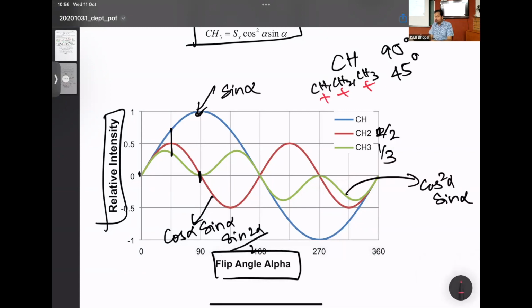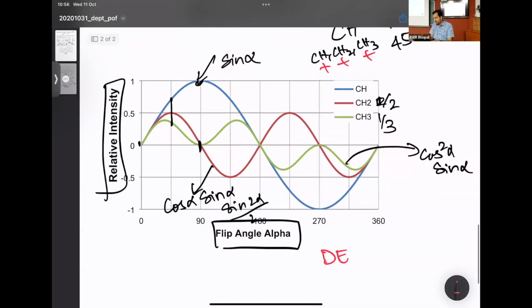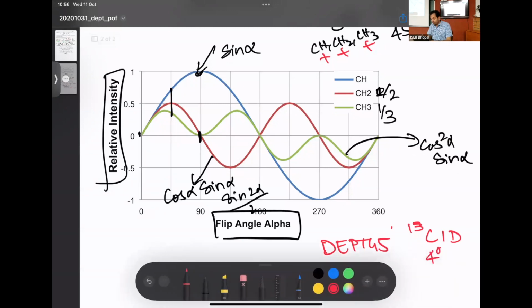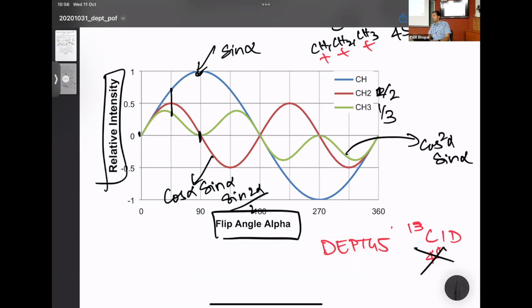Basically, DEPT 45, where 45 indicates a flip angle, is very similar to the carbon-13 1D NMR spectrum. The only thing is that quaternary carbons will not be present. Quaternary carbons are ones which do not have a proton attached to them. If you don't have a proton, you see no signal.